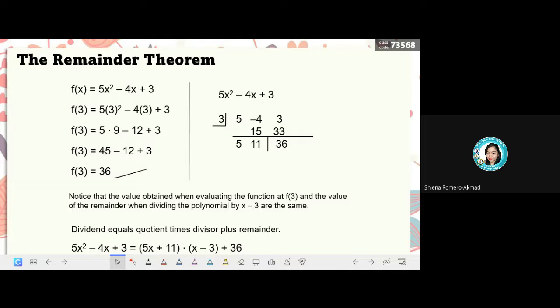Ano-ano mga method yon? Dalawa yung method natin sa dividing polynomials at ito namang isa ay sa remainder. So, ano yung tatlong yon? Then you type them.